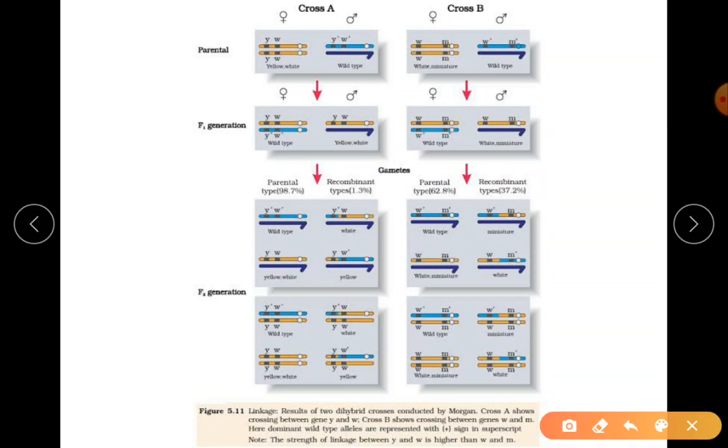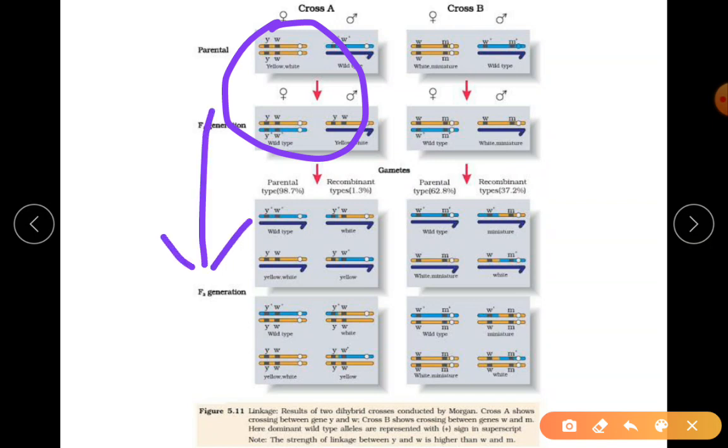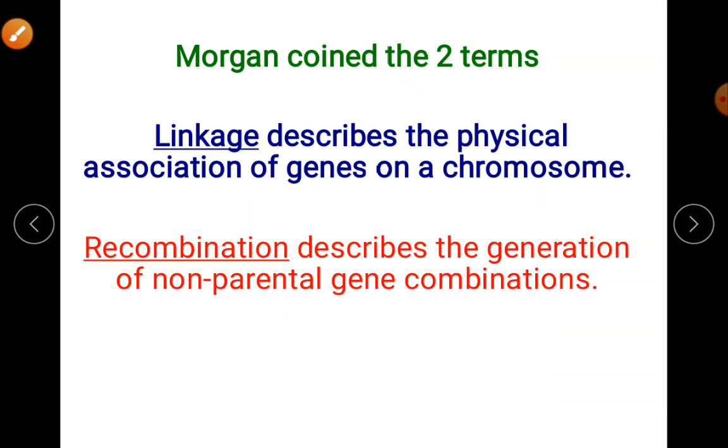What we are trying to understand here is what happened to the two pairs of characters. You can find they are closely linked. As they come forward, you can find parental combinations are more than the non-parental. What is the non-parental type? We are saying the cross. Here you may not understand because we are not going deeply into that study.